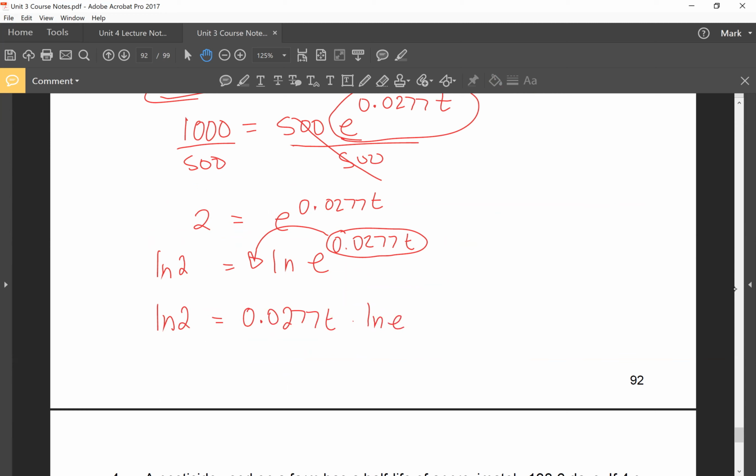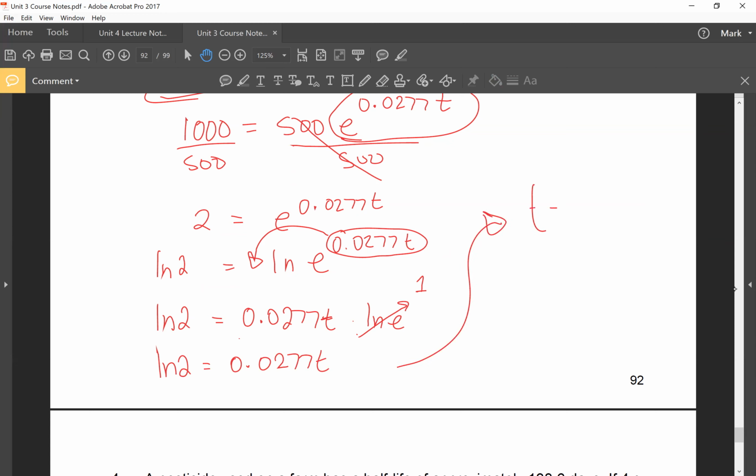Normally we would divide everything to isolate the t, but anytime you see the natural logarithm of e, it just equals 1. So this becomes ln 2 equals 0.0277t, and just solve for that.